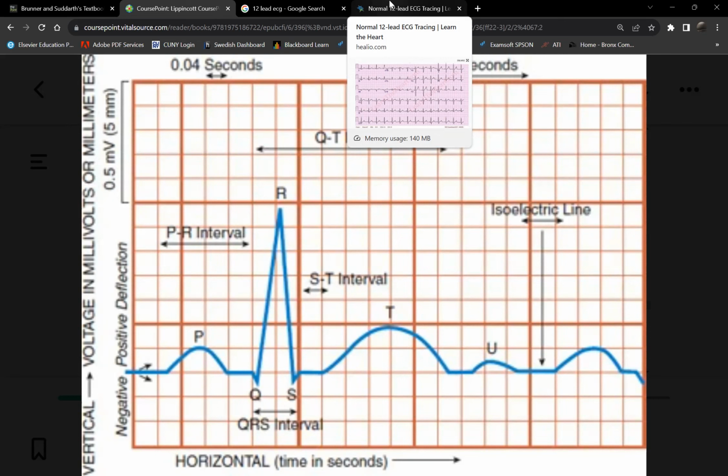And therefore, the whole duration is less than 0.12 seconds, correct? The whole entire QRS complex. So each small box is what? 0.04.